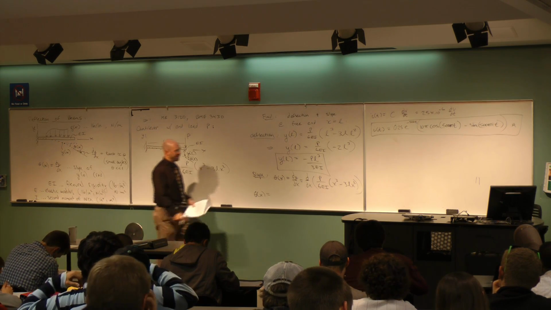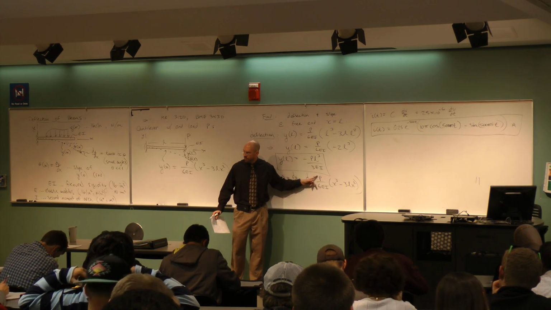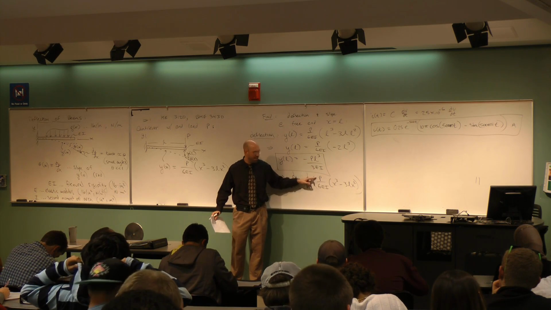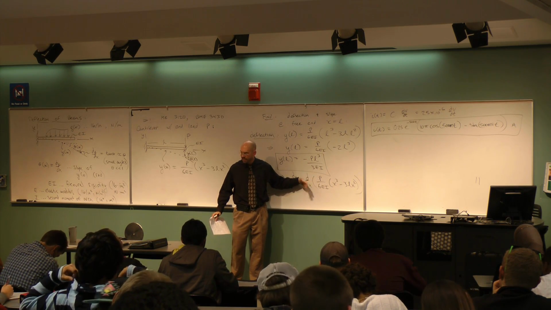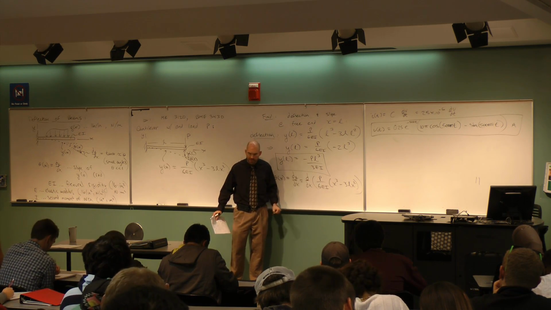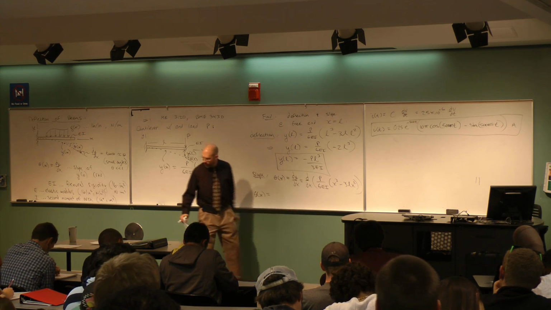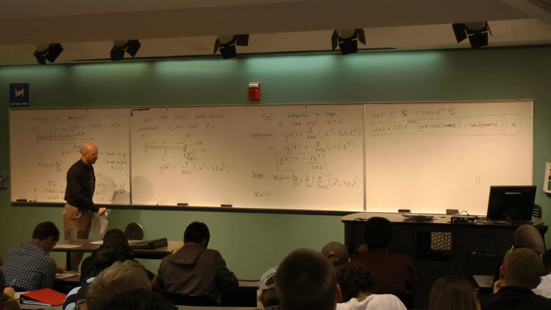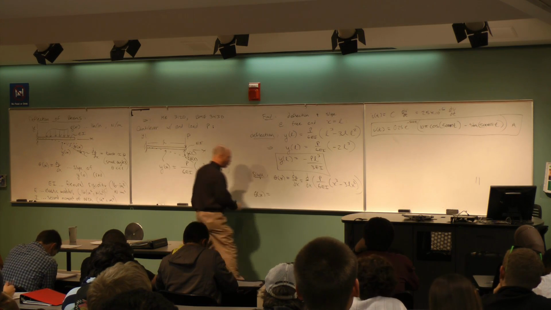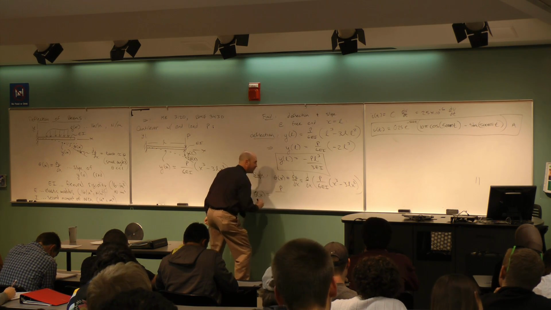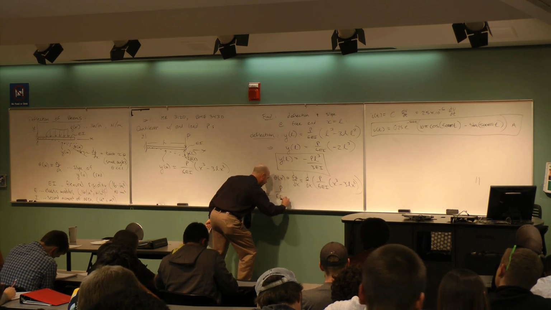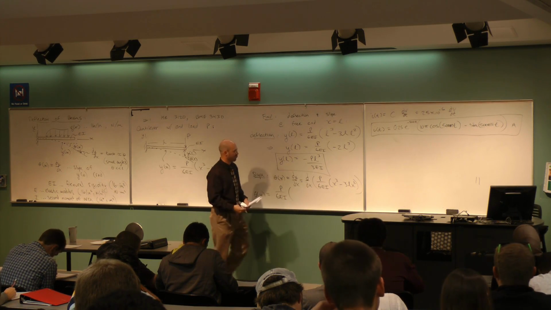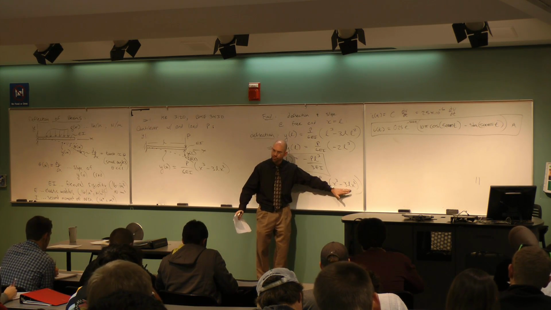That's not a function of x. These are numbers; they're parameters of the problem. The P could be 100 pounds, the E could be 30 times 10 to the 6th, the I, whatever, 0.25 inches to the 4th. So I put P divided by 6EI out in front, and now I need the derivative of these terms here.